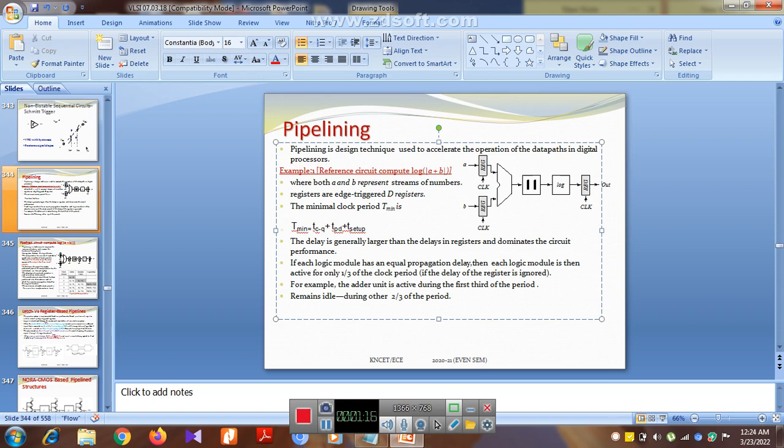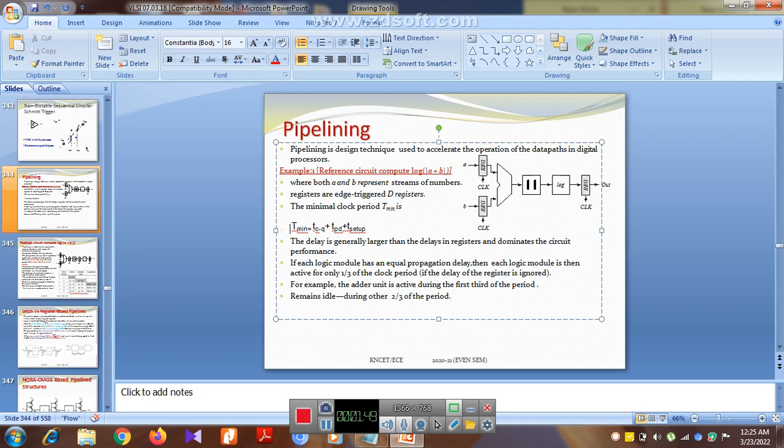In the diagram, there are 2 registers A, B representing the stream of numbers. Here the registers are edge triggered D registers. So the minimal clock period T min is T C minus Q plus T PD plus T setup.